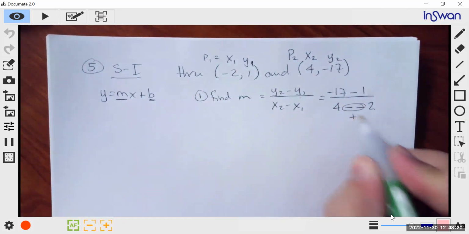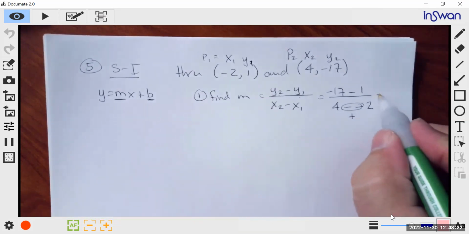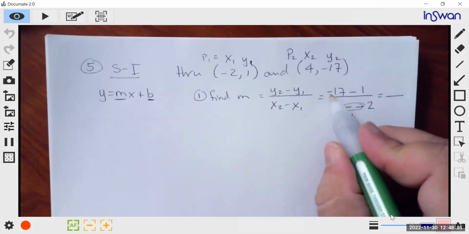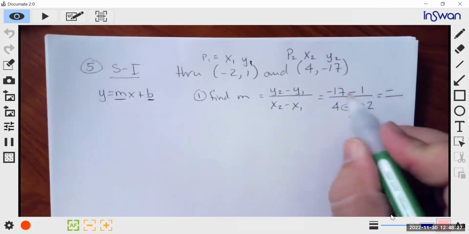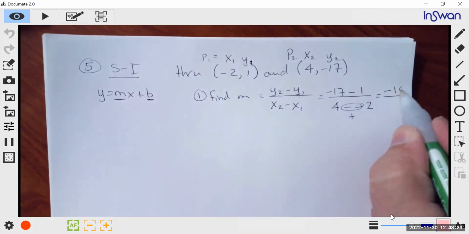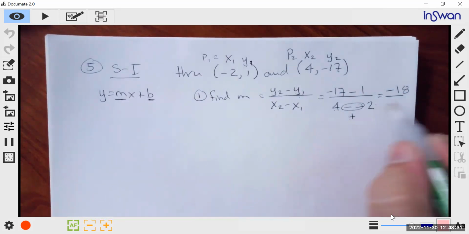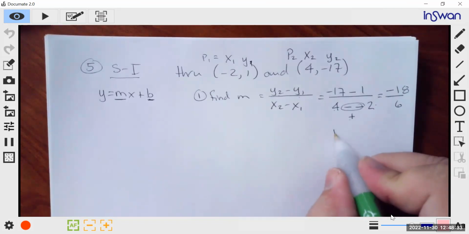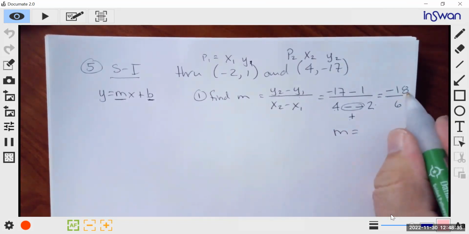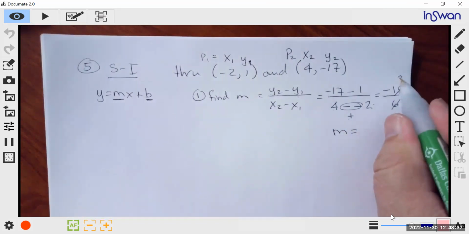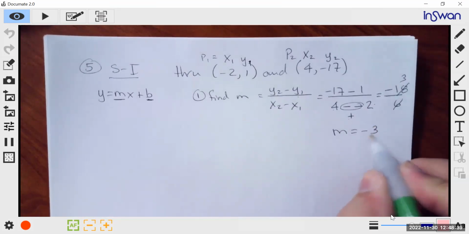That becomes a plus. Negative 17 minus 1 is -18, 4 plus 2 is 6. 6 goes into 18 3 times, so the slope is -3.